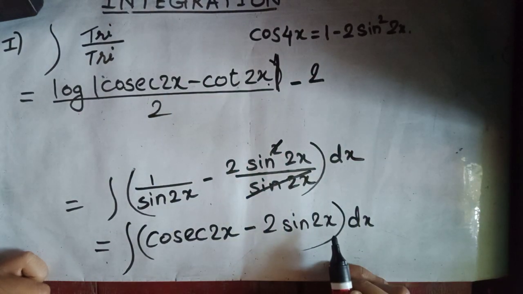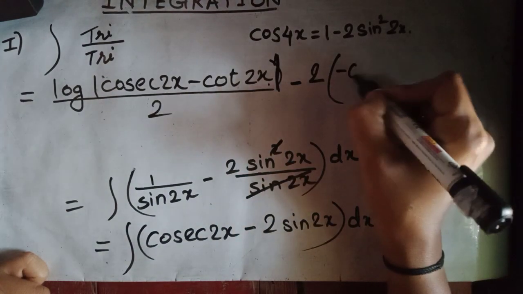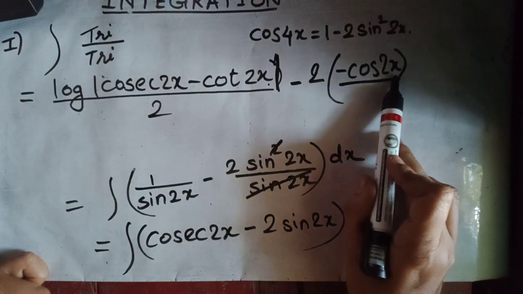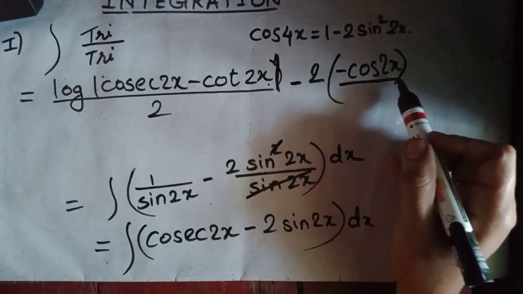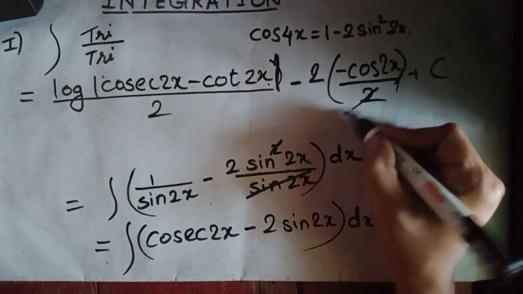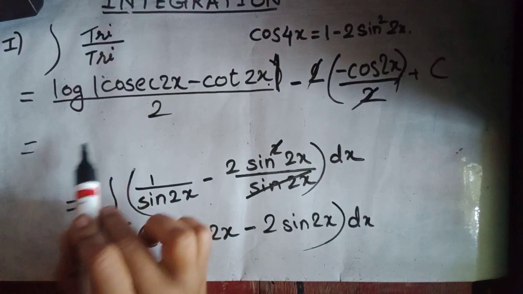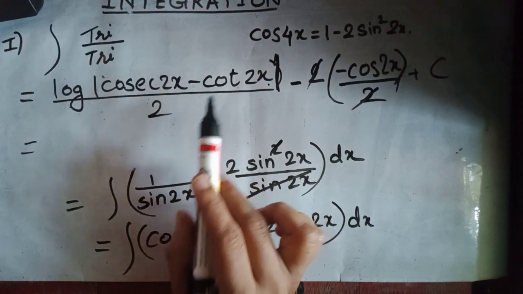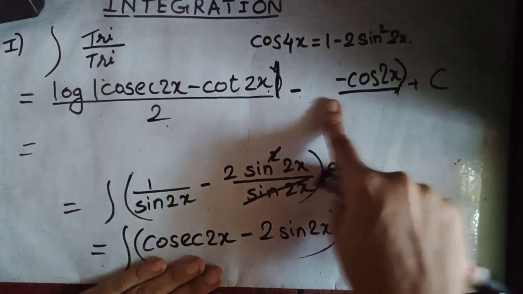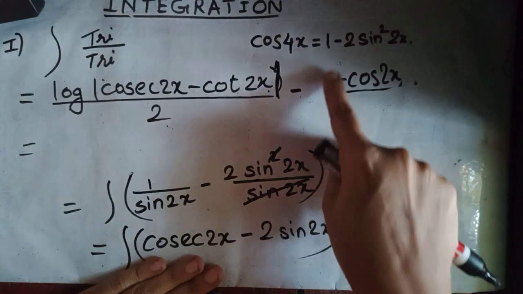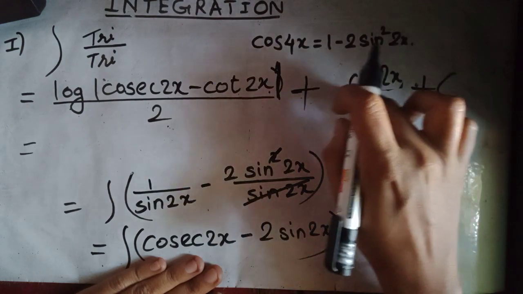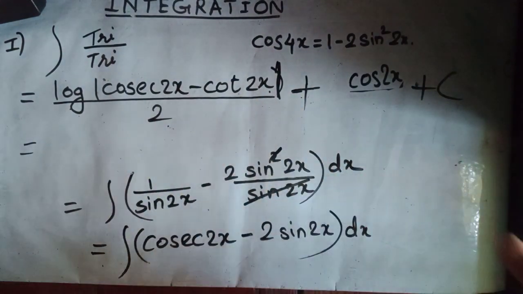The integral of sin 2x is minus cos 2x, and the derivative of 2x comes in the denominator, plus c. So the final answer will be log of (cosec 2x minus cot 2x) upon 2, plus, minus and minus you will get plus, cos 2x, plus c. So this will be your final answer.